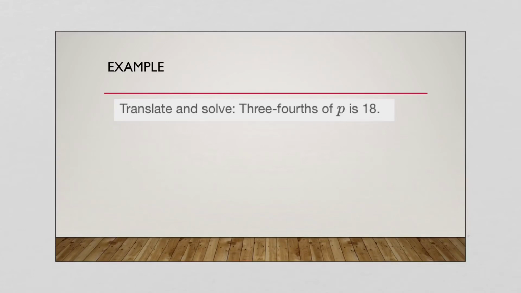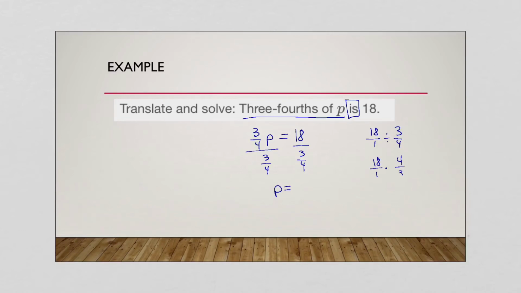All right, so this one, notice how it says 3/4 of p. Of means multiply. Is means equals. So 3/4 of p, that means multiply, is 18. So in order to solve this one, divide both sides by 3/4. So p is equal to 18 over 1 divided by 3/4, which is the same thing as 18 over 1 times 4/3.